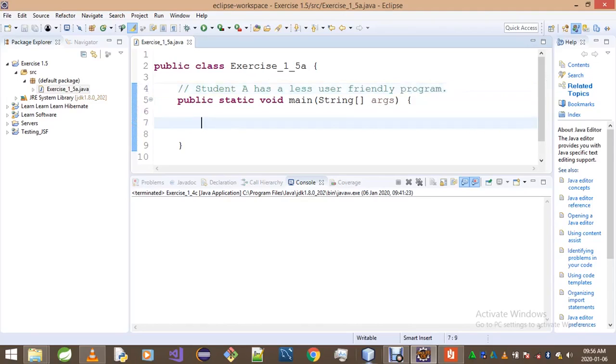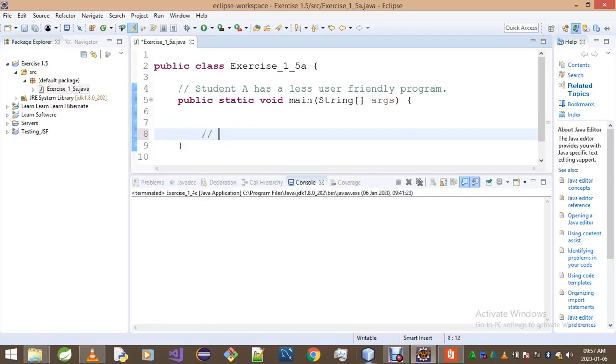I've noticed most of beginner students, they happen to care about the output and care less about the user interface of the program. So what we gotta do here, I'm gonna comment this part.